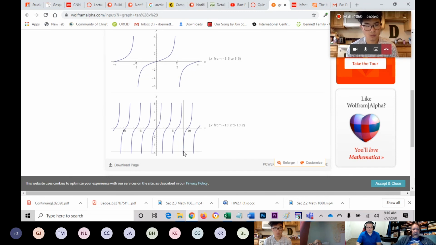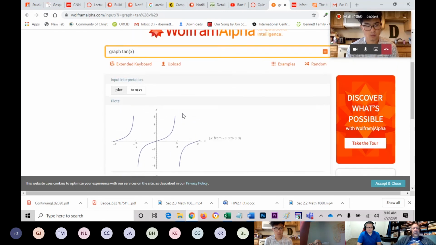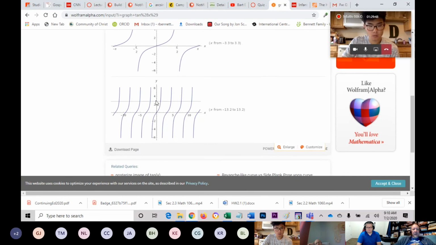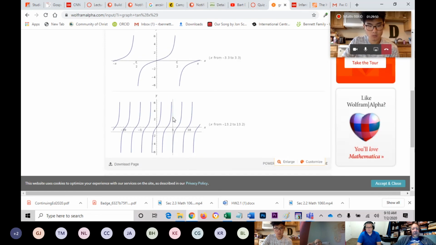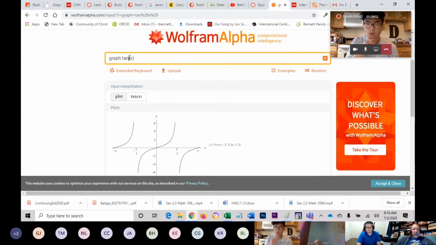There's an asymptote here, here, and here. This is what we refer to as a periodic function, because the graph just repeats itself over and over. And this works the same with the sine.